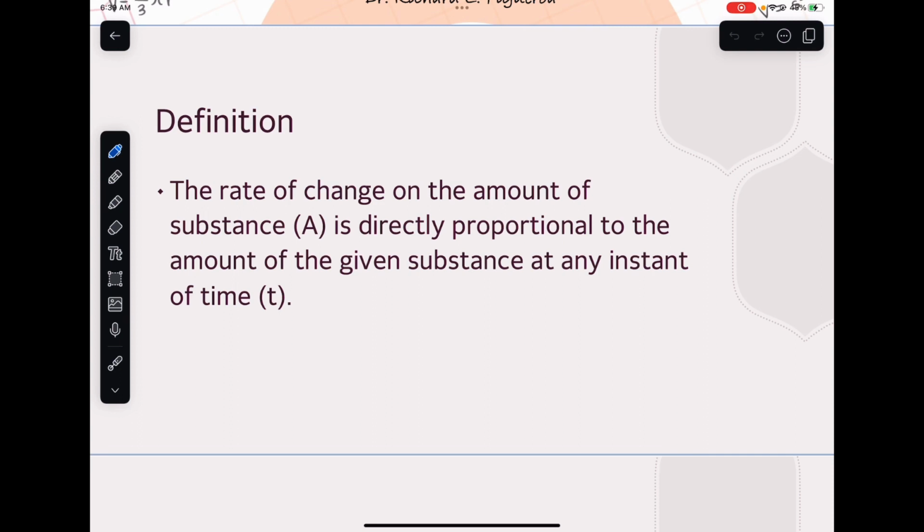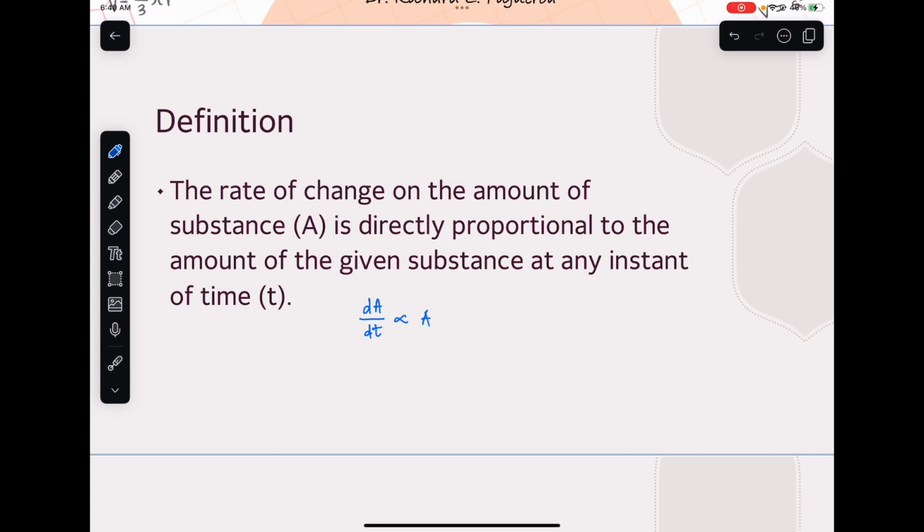Whether the problem is a growth problem or a decay problem, it follows this definition, and we can transform this into a mathematical relation wherein A corresponds to the amount of the substance at any instant of time. Therefore, the rate of change of this amount with respect to time is directly proportional to the amount of the substance at any instant of time.